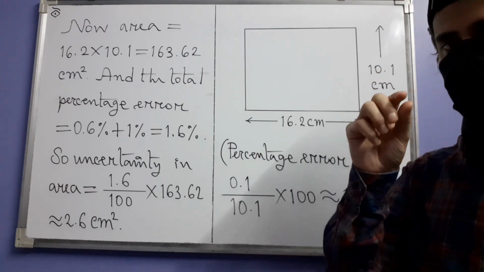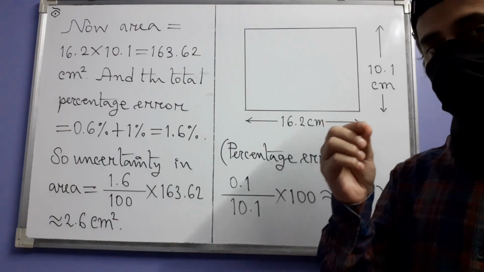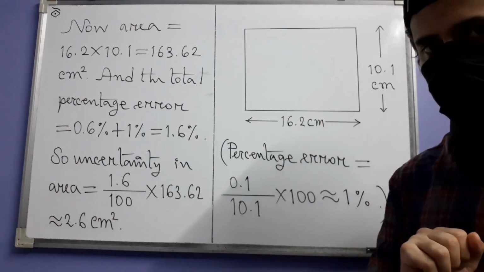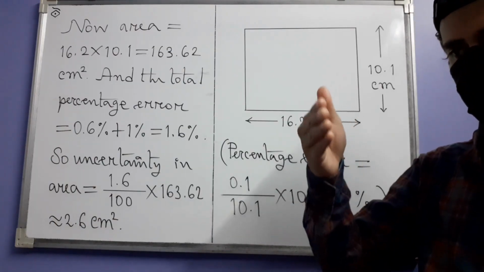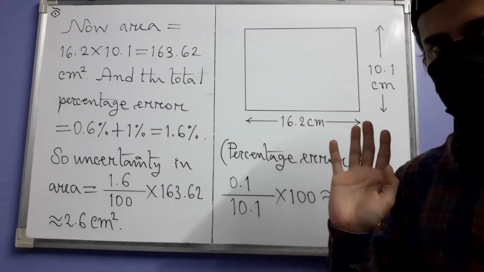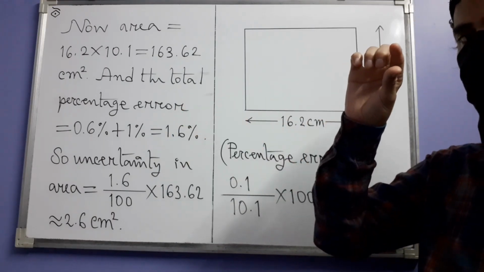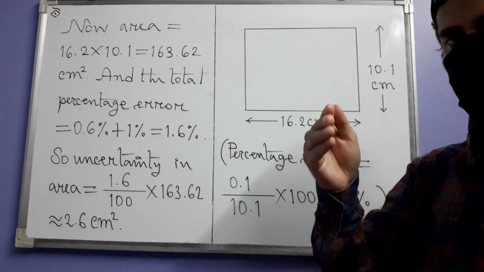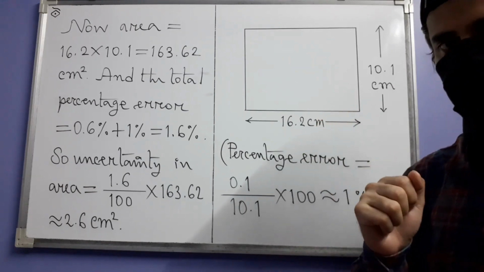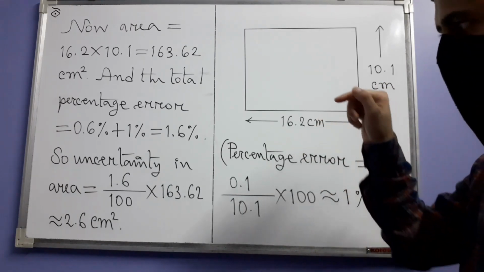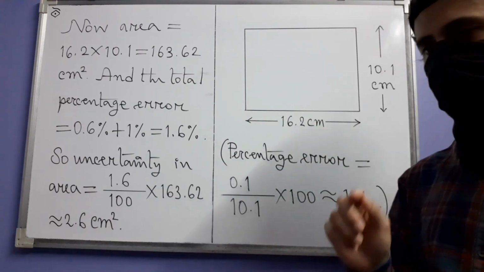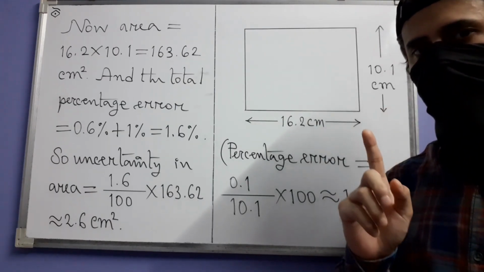Recall the rules for deciding the number of significant digits. Because it is 0.1, that initial 0 is not a significant digit, but that 1, that non-zero digit after the decimal point, is a significant digit. So for the errors, the number of significant digits is 1.